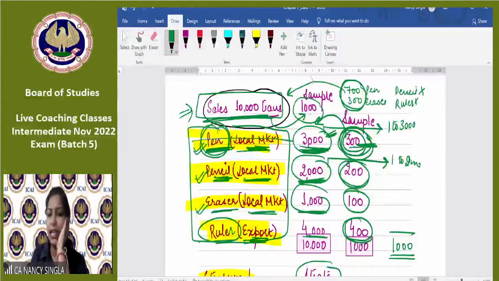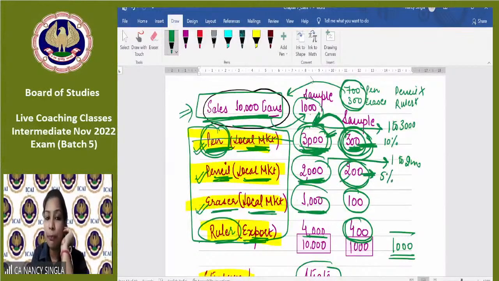If I say that there is a misstatement of 10%, then I'll say that there is a mistake of 10% in this 3,000. I'll not say that on the entire population. So I'll project it on the subpopulation. Same way, if I say there is a mistake of 5% here, I'll project it on this 2,000, not 10,000.